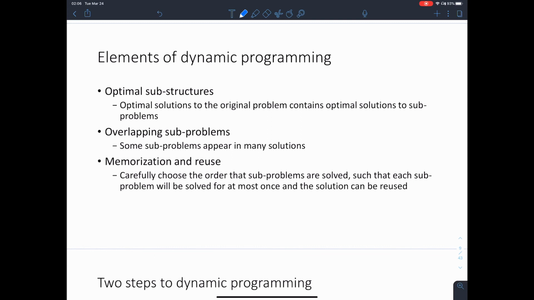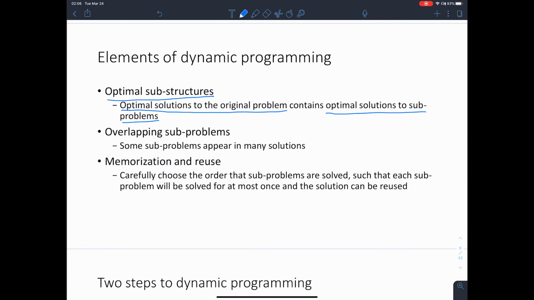One is called the optimal substructure property. What the optimal substructure property says is that the optimal solution to the original problem contains the optimal solutions to the subproblems.